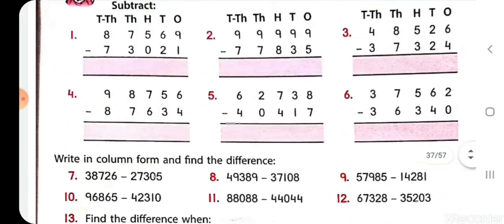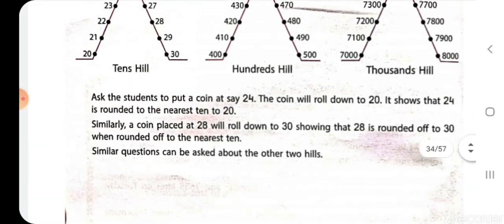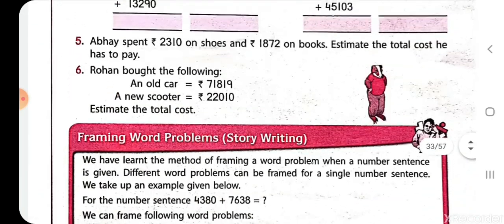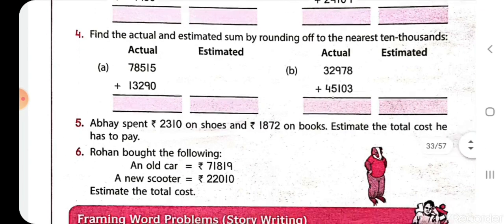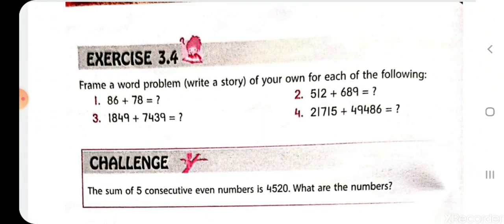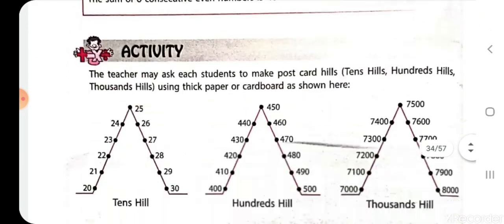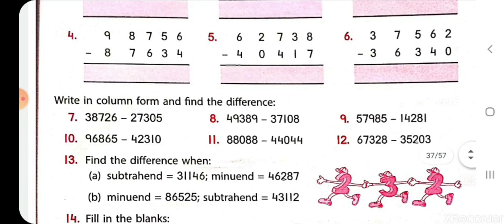So today your homework is that, as you are now in class 4, I'll give you some more homework. Do 6 questions of exercise 3.3 and any 2 questions from exercise 3.4, and questions 1 to 6 in the book, and 2 or 3 questions from 7 to 12, and the rest, B part of question number 13.